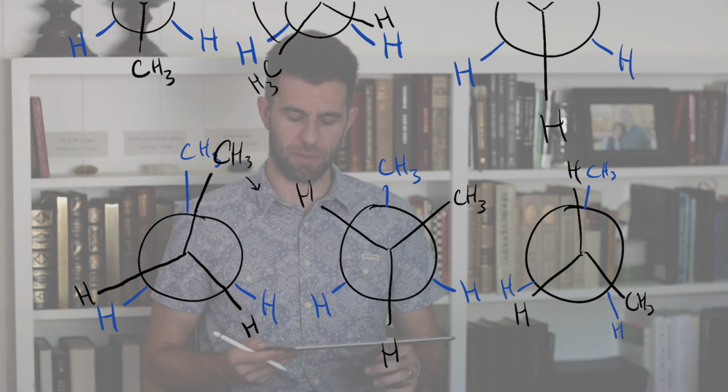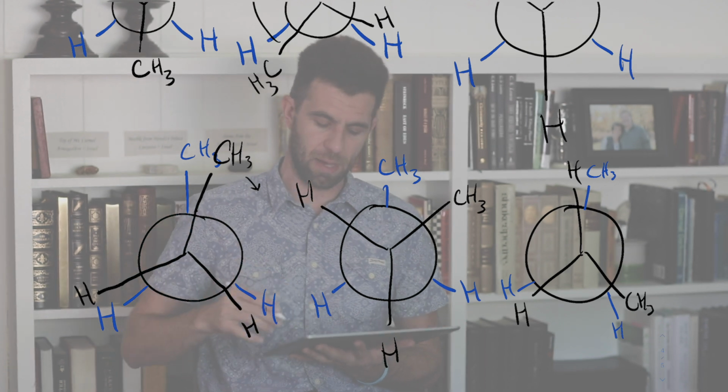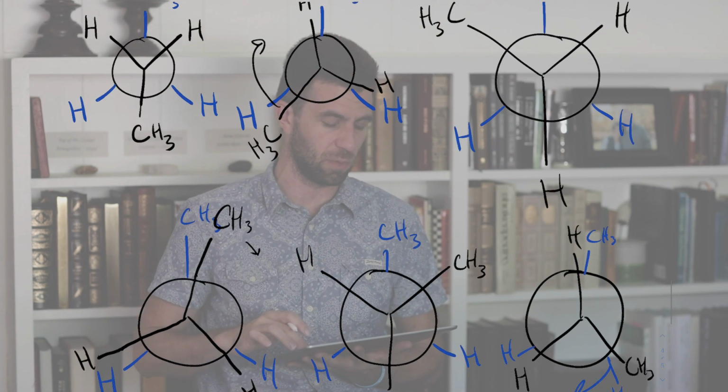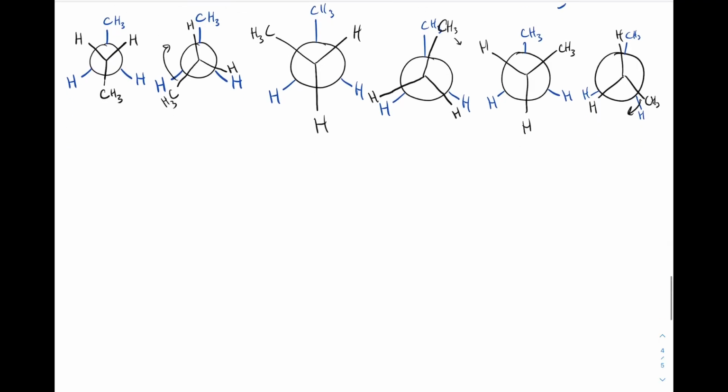So now we have another eclipsed, but in this case, again, our CH3 is further away. And if we kept rotating this around, what we'd end up with is what we see up here. Sorry, I'll make this. And this is how the energy would end up looking.